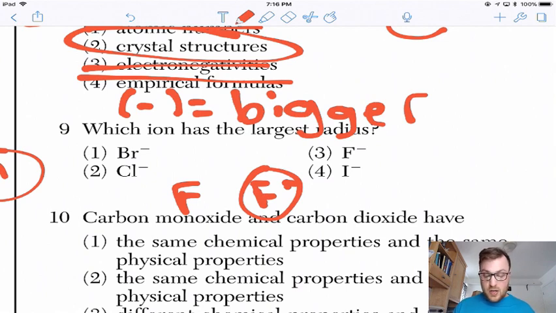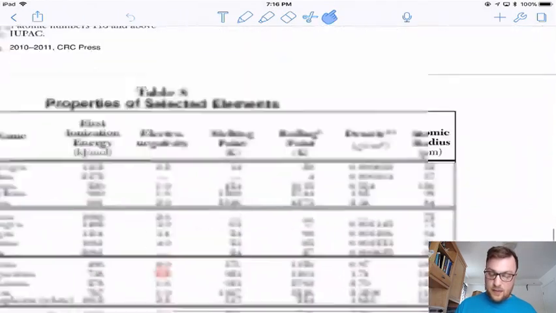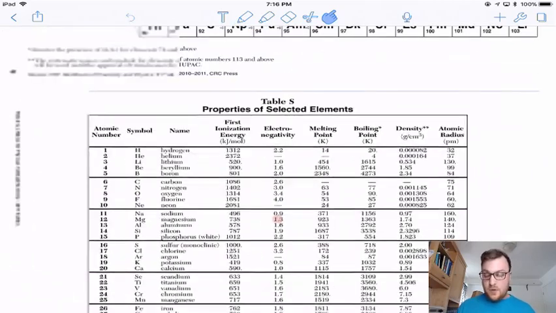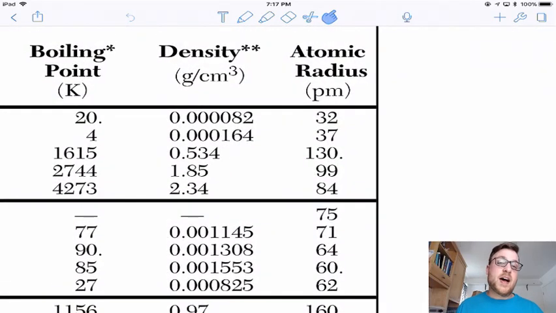Since these are all negatively charged ions, we can actually just look up their atomic radii on Table S. I know that's confusing. Table S has atomic radius, not ionic radius, and the question's about ions.